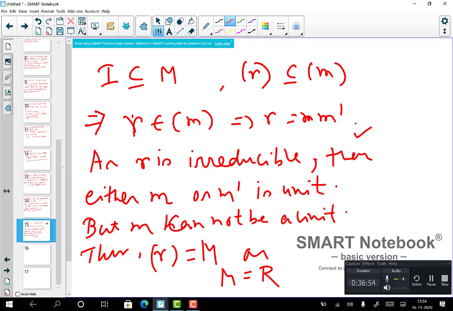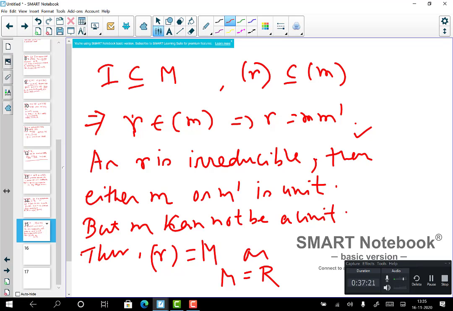That means the ideal generated by R is also maximal, right? Because if it is contained in a maximal ideal, then it has to be equal to it, or the maximal ideal is nothing but the whole ring R. That means the ideal generated by R cannot be properly contained in any ideal other than itself and the full ring.